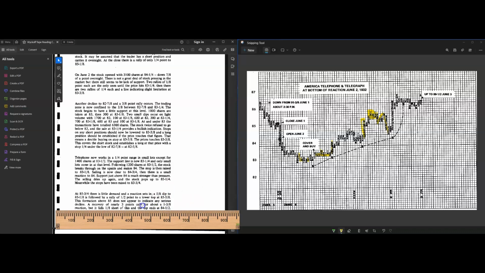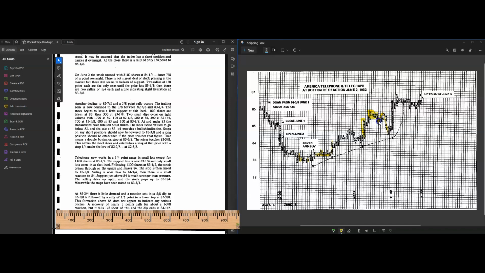So the one thing I'm trying to figure out here is that when he says a recovery of nearly 3 points calls for a 1 3/8 reaction, is he doing a count?